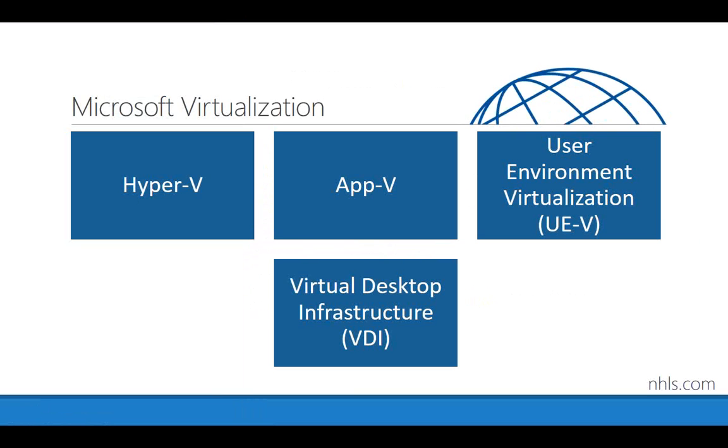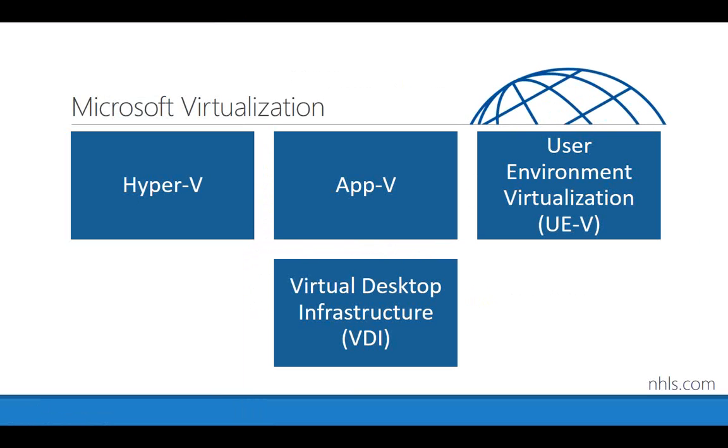Some of the other virtualization components that might be less famous, one is App-V. App-V is an application virtualization solution that Microsoft offers. This does not come with Server 2012. This would require a little extra expense.